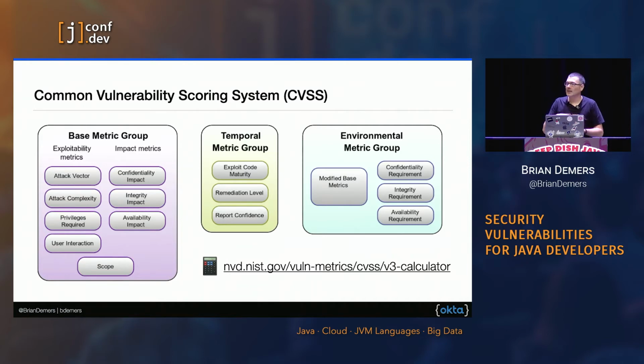So if there's a utility to exploit an issue, maybe the score goes up. If there's a fix or a patch or something, maybe it goes down. And over on the right, we have the environmental metric group. So those are the things that affect a particular user's environment. So maybe in the case of your machine or whatever, you could block a vulnerability with a firewall rule, right? So it doesn't really affect you. That was not the case with Log4Shell, but some vulnerabilities it is.